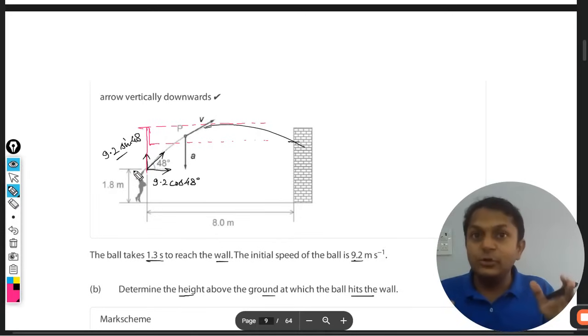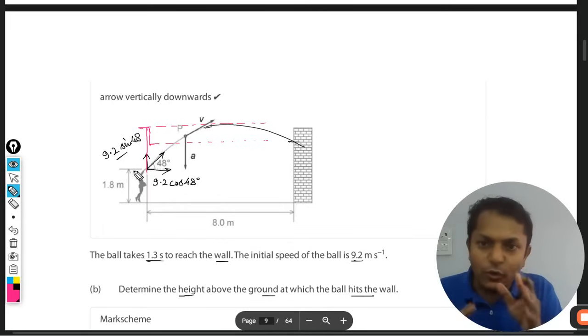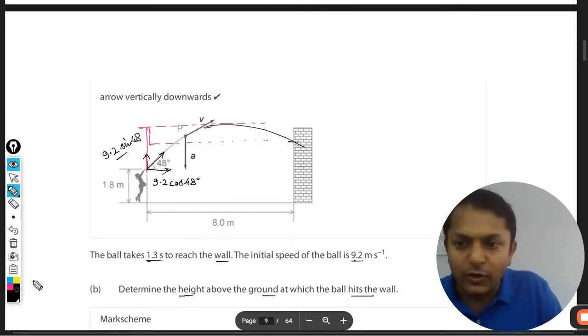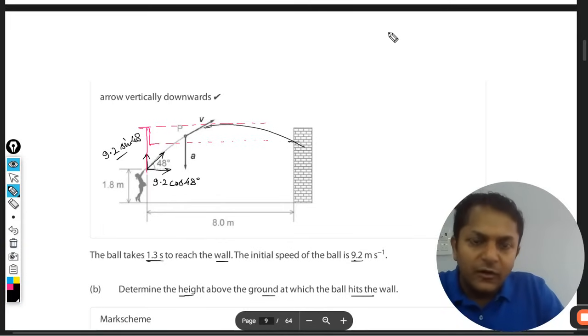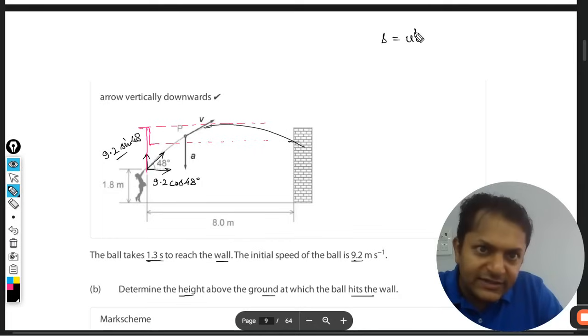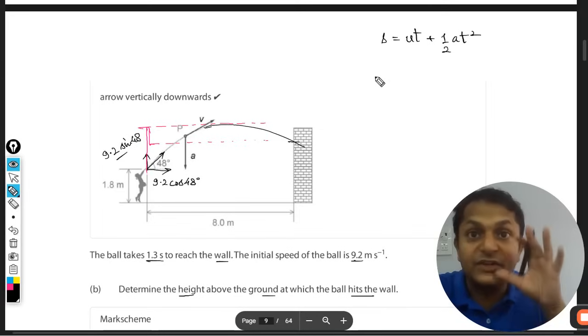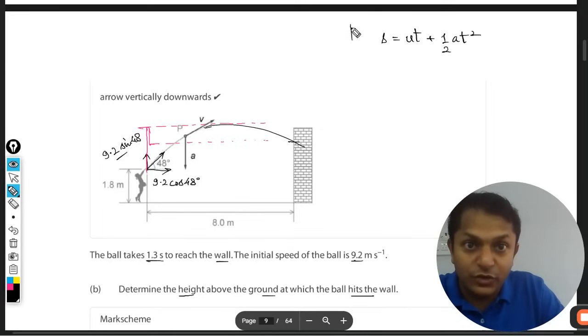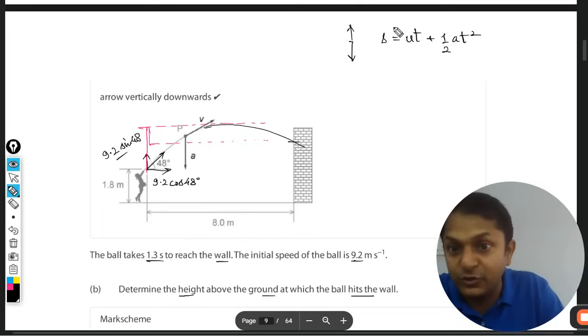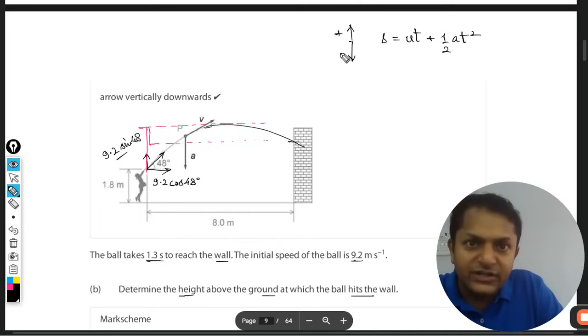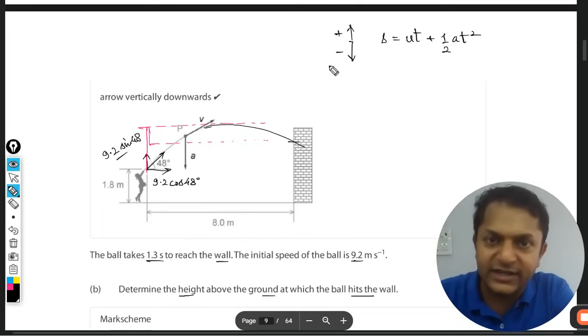So the projectile motion is not complete. We are only concerned with the vertical motion now. So we are going to apply the SUVAT equation, which is S is equal to UT plus half AT square. In these cases, we have to have a sign convention. You cannot work without a sign convention. You have to even show the sign convention that you are using. So the upward direction will be taken positive, downward is taken negative.